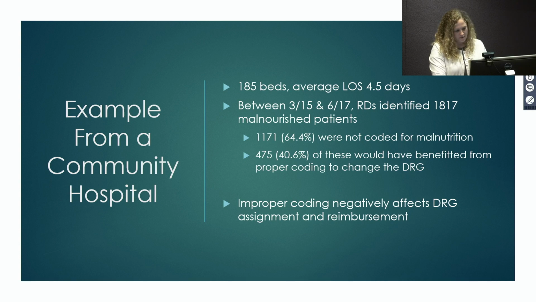And from those 64, when they looked back at the charts and what was going on with those patients, they determined that about 40% of them may have benefited from having the malnutrition coding to go along with it, to change that DRG to help give the hospital a bigger return on that patient because they were a more complex patient that took more resources. So just a few examples of how nutrition benefits both the patient and the healthcare facility.